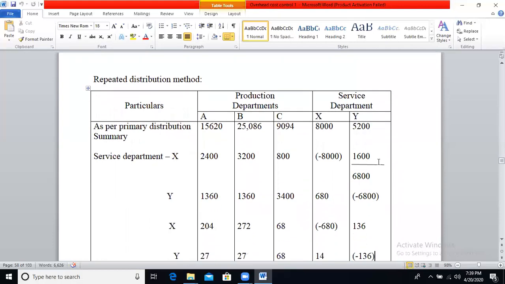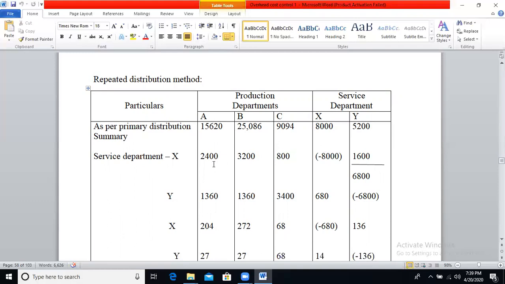So first you have to reapportion the X department value, right below the X column minus 8,000, and this 8,000 will be reapportioned to all production departments and the remaining service department on the basis of X percentage. The X percentage for department A is 30%, department B 40%, department C 10%, and department Y 20%.